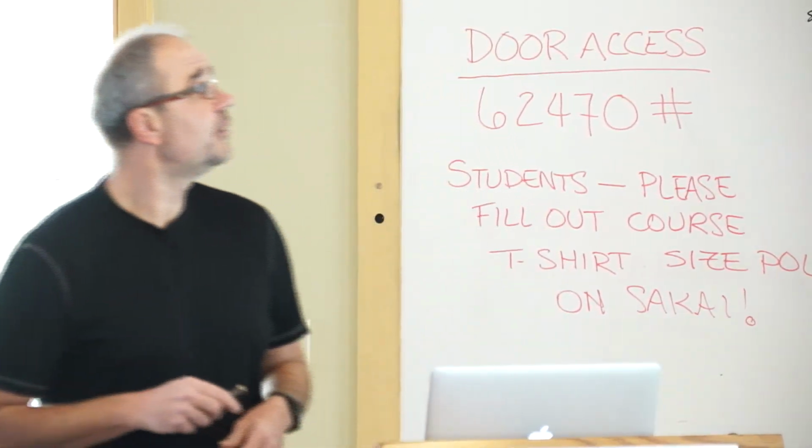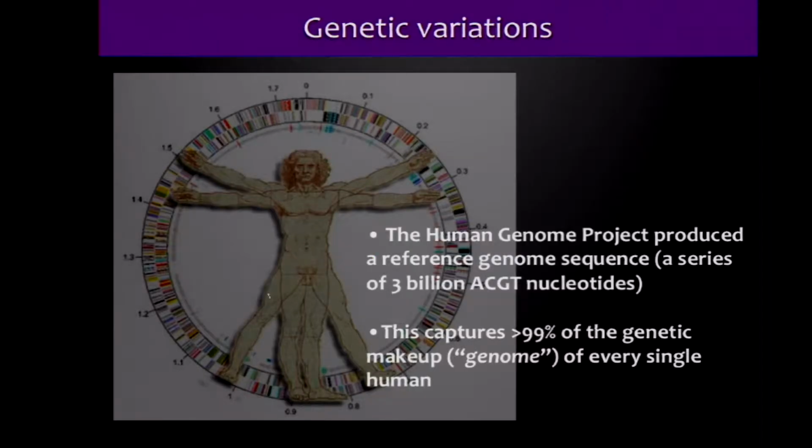Okay. So starting out, genetic variations. As you know, the Human Genome Project produced a reference genome sequence for humans, a series of 3 billion nucleotides, and this captures a very large fraction of the genetic makeup of every single human, right?